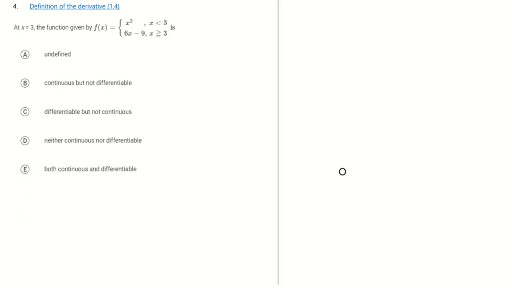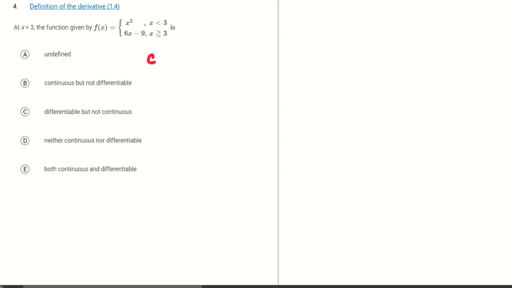All right, now we're going to move on to the idea of differentiability. Remember that something is differentiable provided that its derivative exists. That's going to mean that we aren't sitting at a sharp corner, a vertical tangent, or a discontinuity. So what I'm going to need to do, first, is check to see if it's continuous.